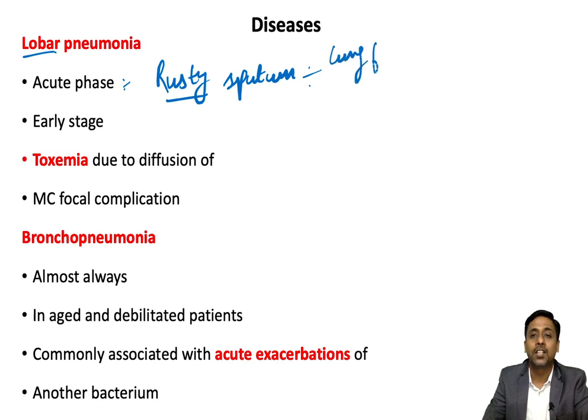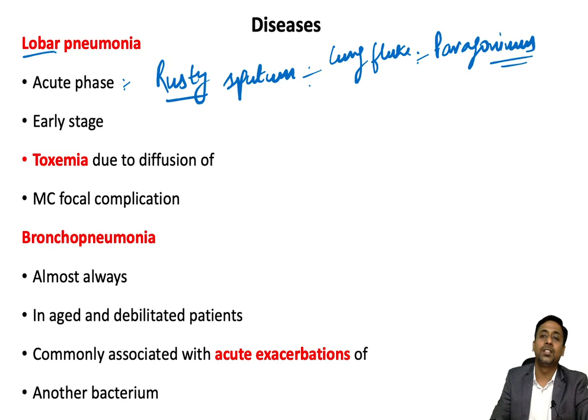And what is that lung fluke? Paragonimus. Okay, so in case of Paragonimus infection, we can also find rusty sputum. So rusty sputum is a differential diagnosis of both pneumococcal pneumonia and Paragonimus infection.